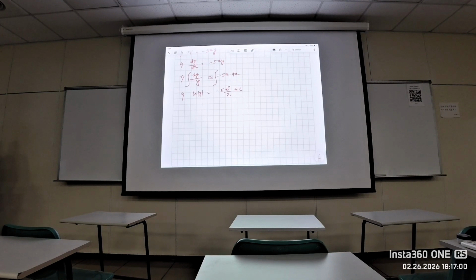So if I solve this one, I will get y is equal to constant c into e to the power minus 2.5 x square. So this is my general solution.